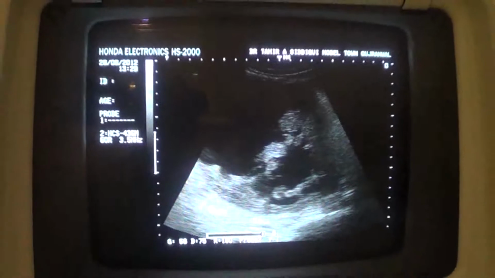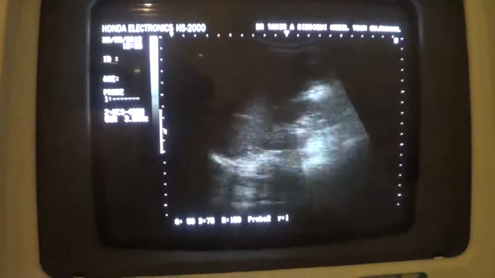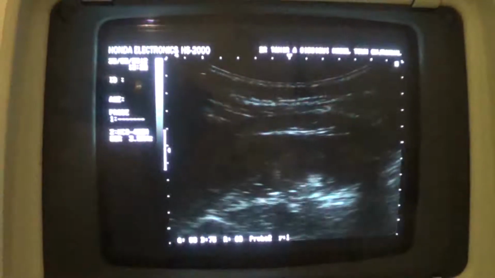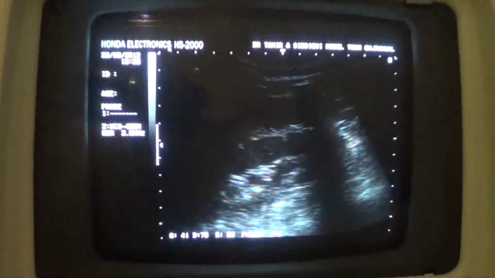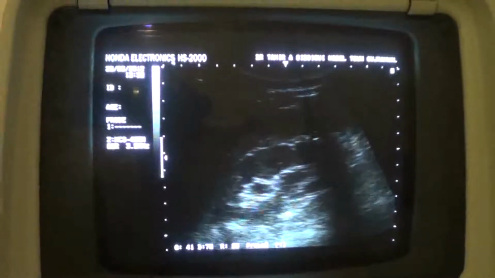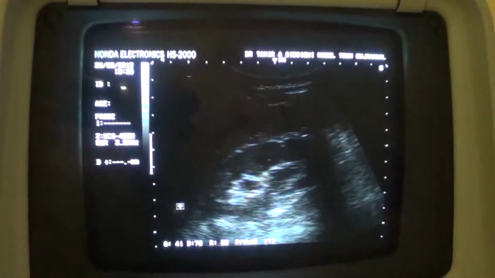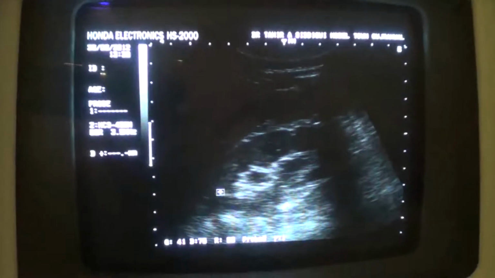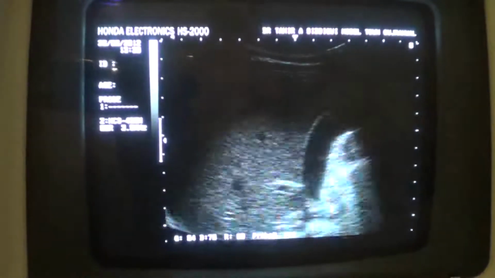Let's see the right kidney. Again you can see that there is hydronephrosis. This is the right kidney, and these are the minimally dilated calyces. Otherwise the kidney is normal. This is the gallbladder.